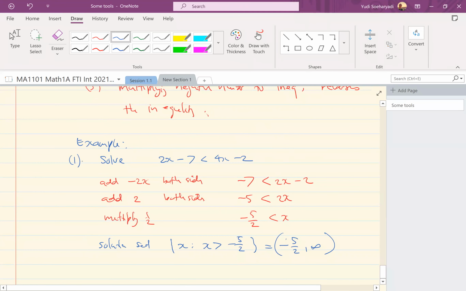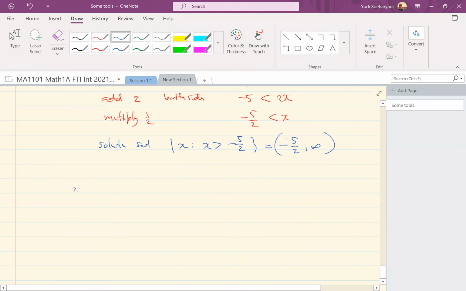Example 1, example 2, compound inequality. With compound inequalities, something like, solve this one.